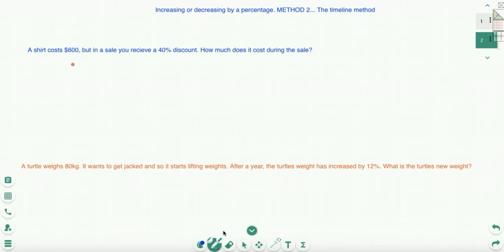So that's why I want to teach you this method, because this will help us with other aspects of percentages later on. So I've got the exact same 2 questions from the previous page, and we're going to solve them using the timeline method. So a shirt costs $600, but in a sale you receive a 40% discount. How much does it cost during the sale? Okay, so step 1, draw a timeline and fill it out.